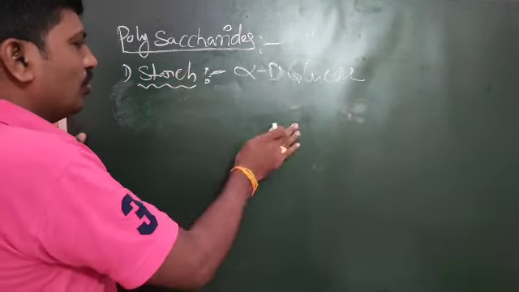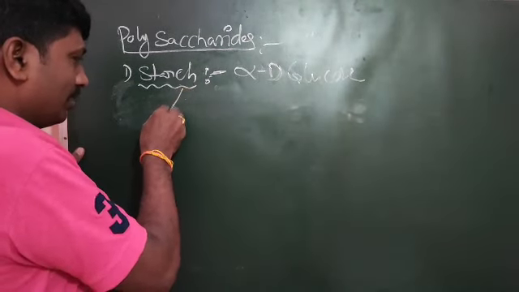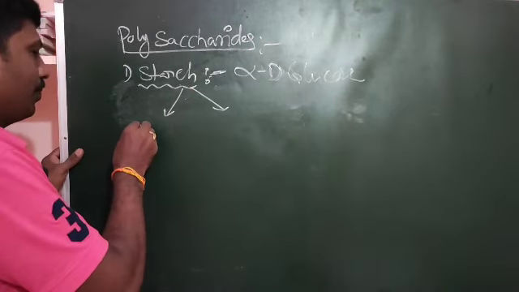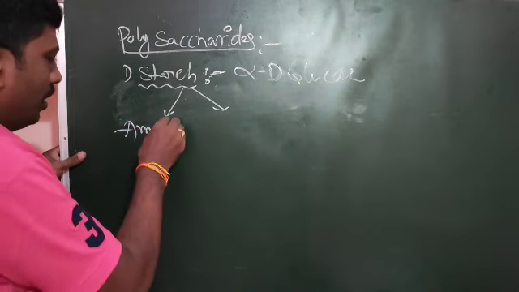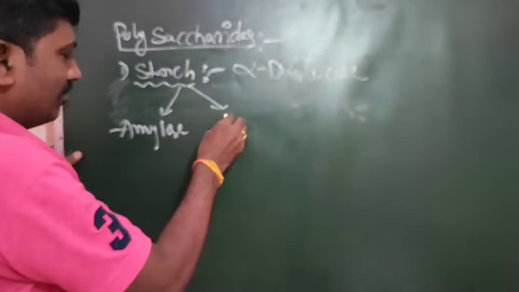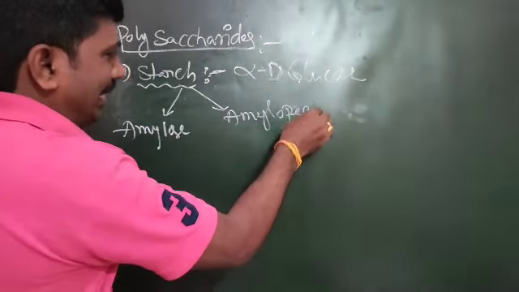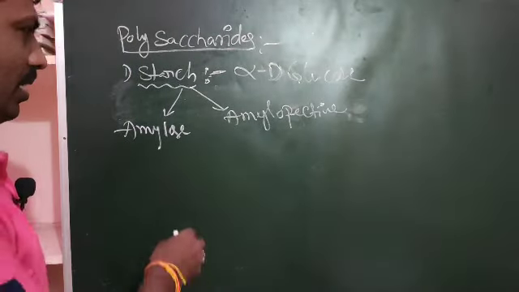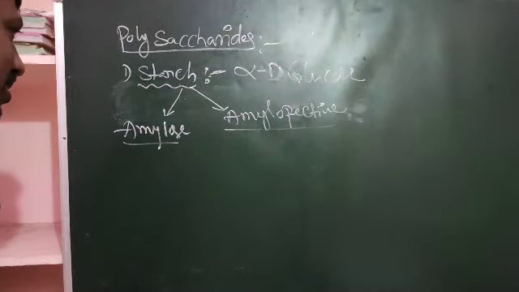The first one is amylose. The second one is amylopectin. Amylose and amylopectin, the two components present in starch.